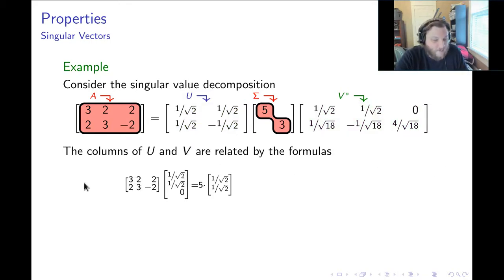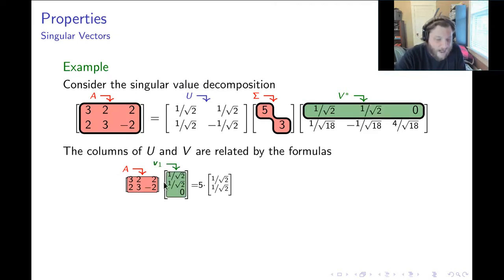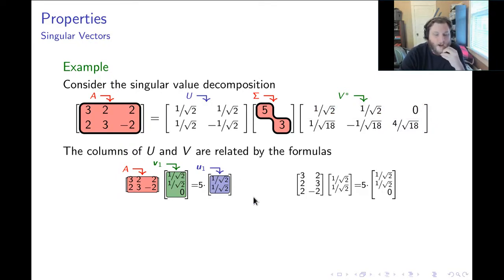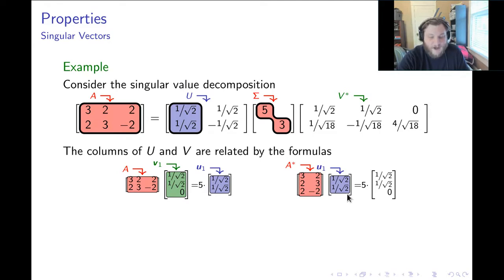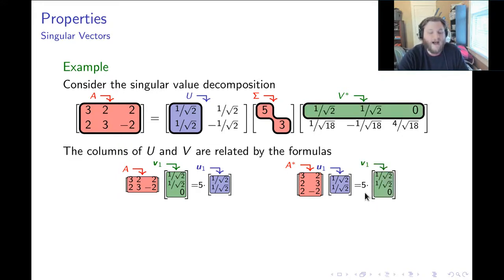If we take our matrix A and multiply by the first column of V, this should produce the first singular value of our matrix, 5, multiplied by the first column of U. We also have a relationship if we conjugate transpose A and multiply by the first column of U: this should produce the first singular value 5 multiplied by the first row of V conjugate transpose, or the first column of V.